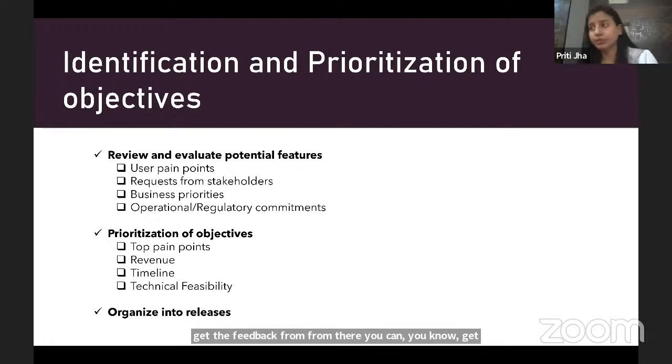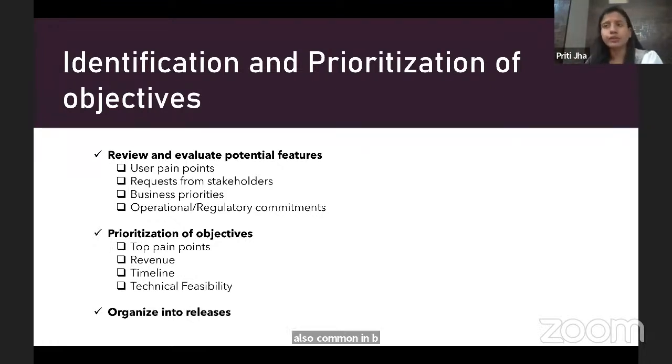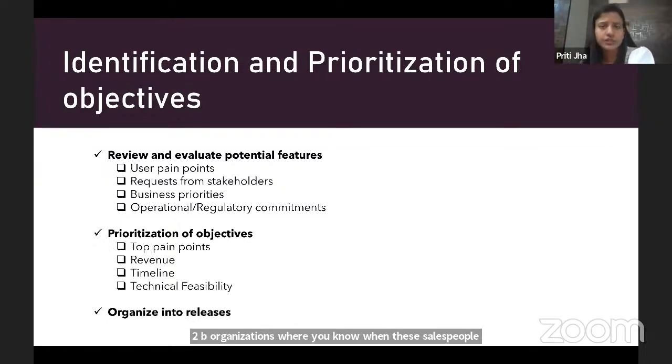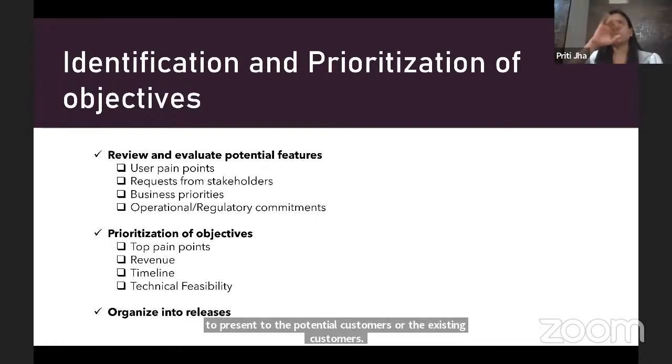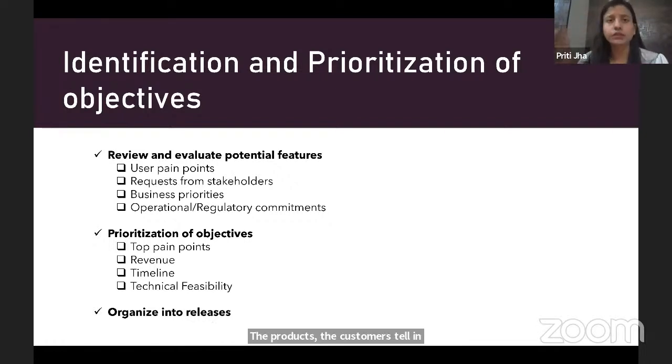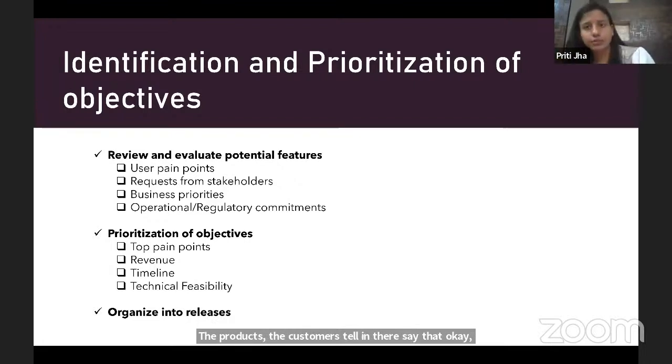For example, in some organizations, even the pre-sales people or the sales team are going to, and this is more common in B2B organizations, when the sales team or the pre-sales team present the products to potential or existing customers, the customers then and there say, okay, why not this and this, or why not that and that, and how does this happen, do you have this thing?